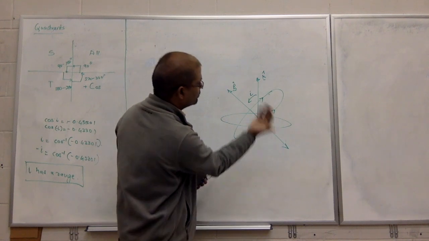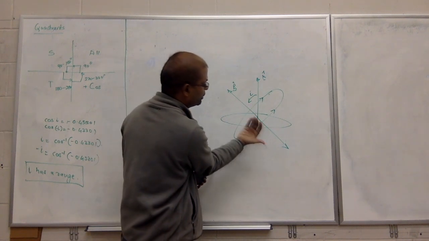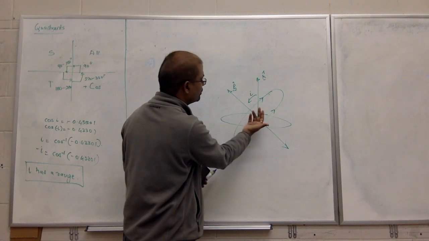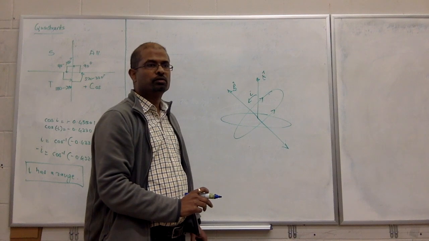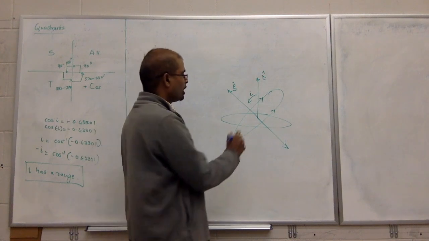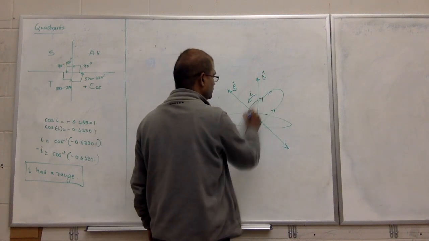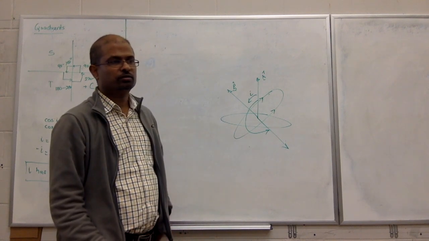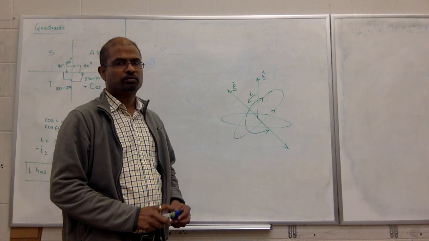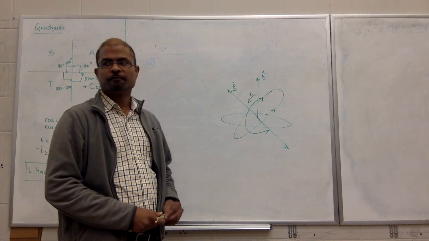Because this is H. It is going this way now. You understand? Now the inclination is 90 plus that. Does that make sense?